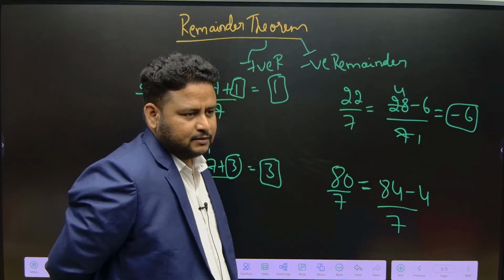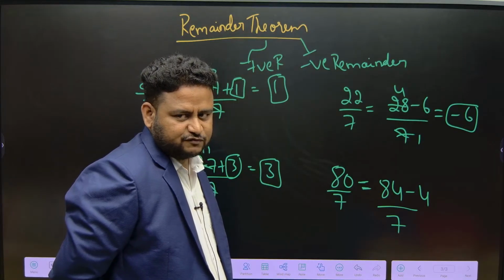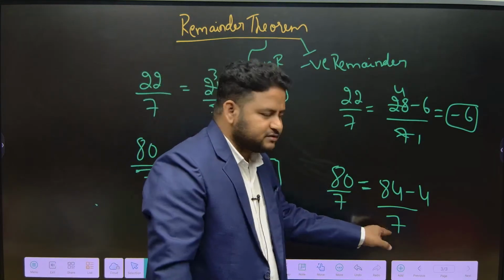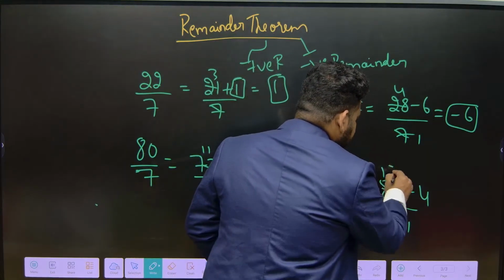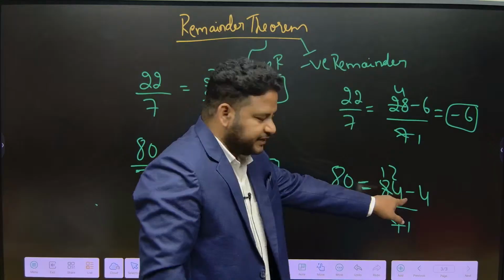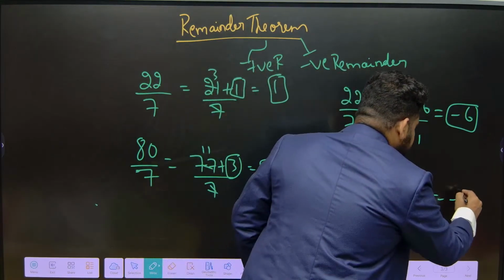Correct? 84 minus 4. Why? Because 84 is divisible by 7. 7 12s are 84. Now what is the remainder? Minus 4. So the remainder that we are getting is minus 4.